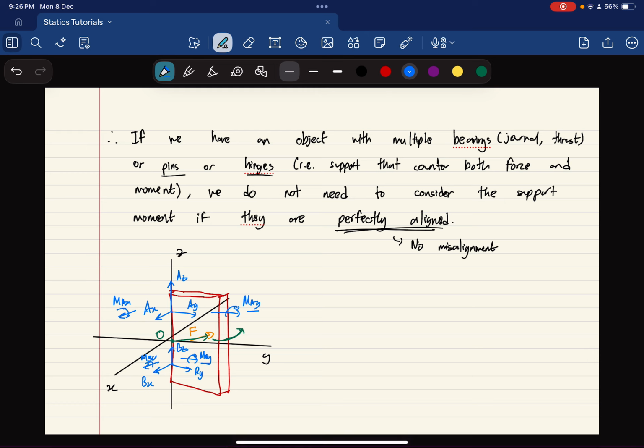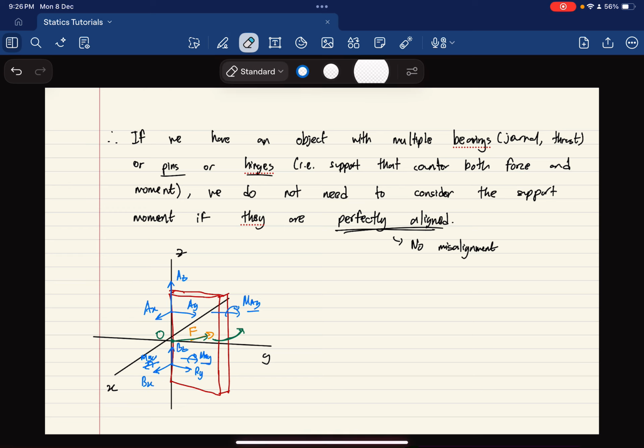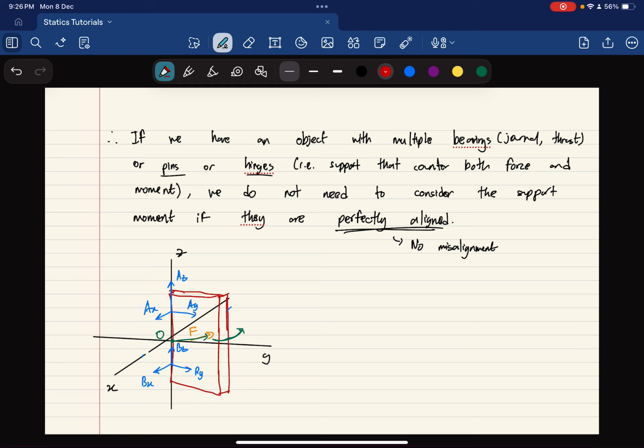We don't need to concern ourselves with these moments at all, because quite clearly, if you were to take the moment at point O and find the moment between O and AX, BY, it will counter the force F. Let's say the door is not moving and you're applying the force, the door is in equilibrium, then you'll counter that force anyway, right?